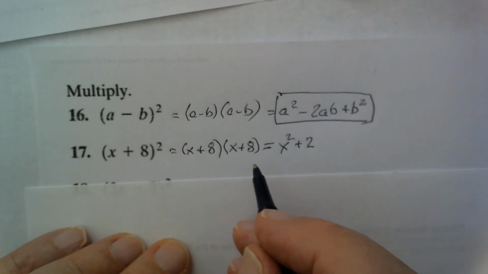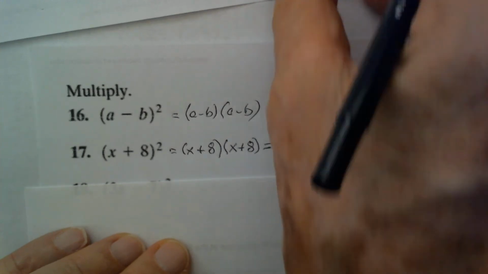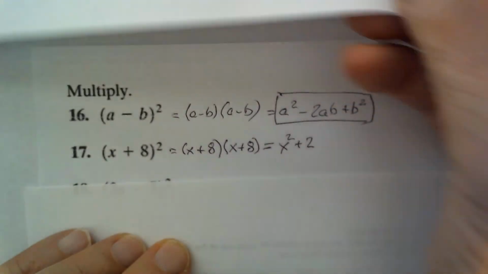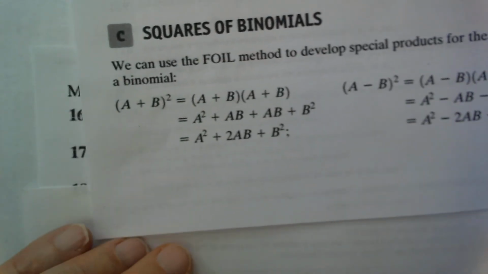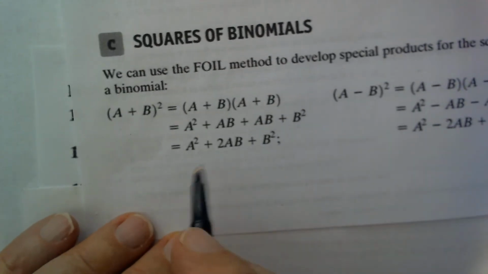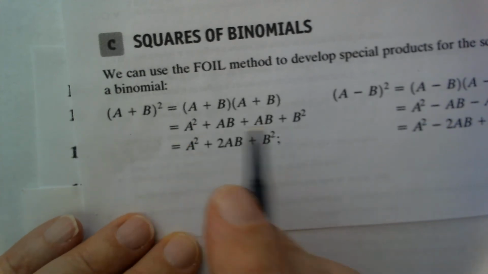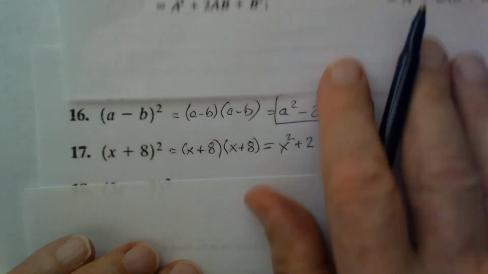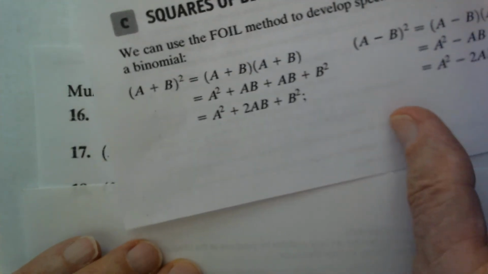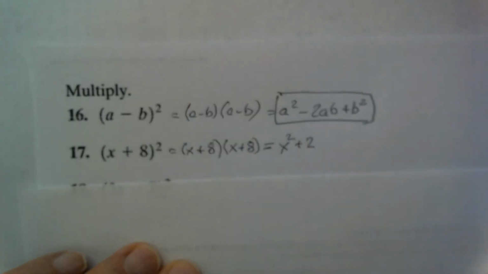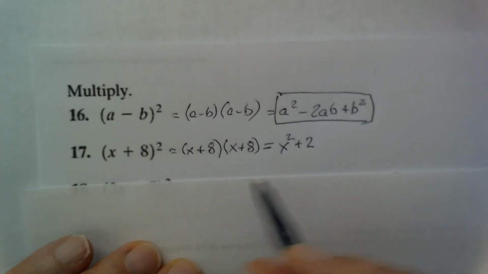If you look at the previous formula, let me just bring it up for you here again. A plus b squared is a squared plus 2ab plus b squared. So instead of a and b, we have x and 8. So it'd be 2 times x times 8.